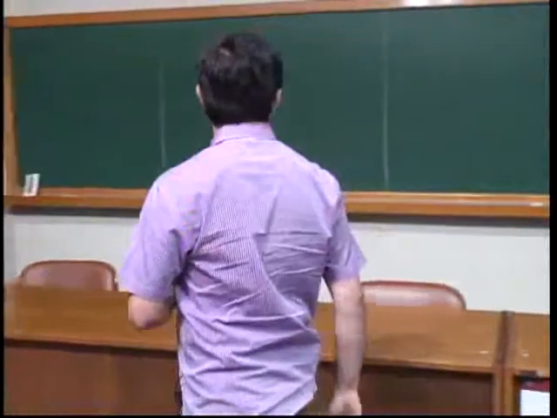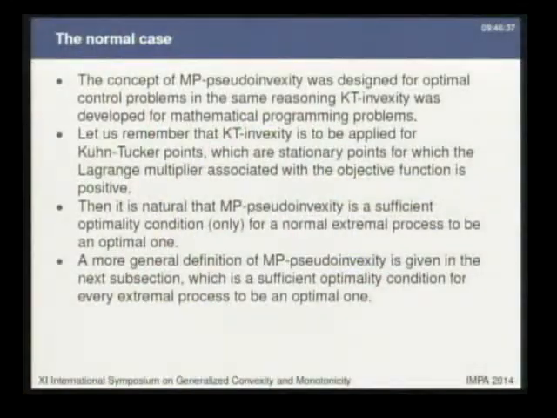Before the definition, I have some words. Let us remember that the concept of MP pseudo-convexity was designed for optimal control problems. The same reasoning, KT convexity, was developed for mathematical programming problems. And let us remember that KT convexity is to be applied to Kuhn-Tucker points. That means we are talking about stationary points for which the Lagrange multiplier associated with the objective function is positive.